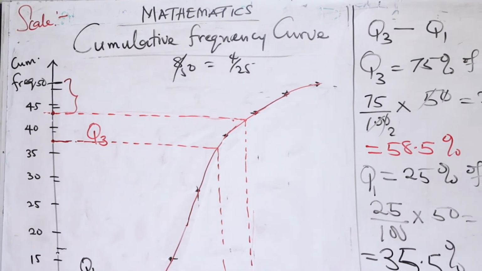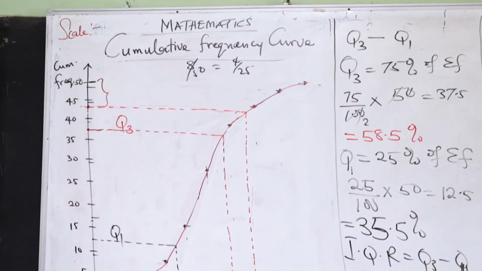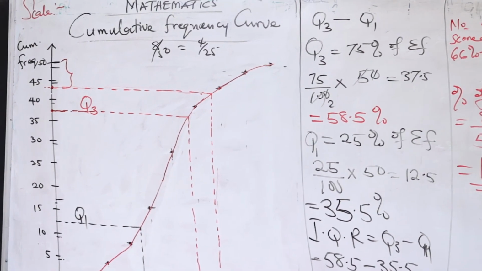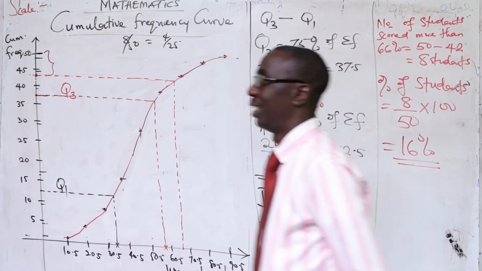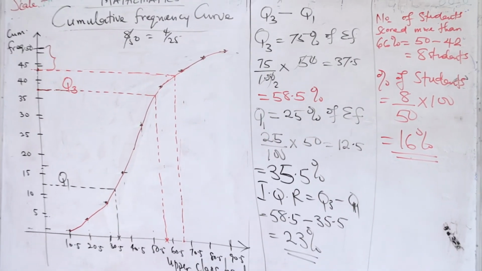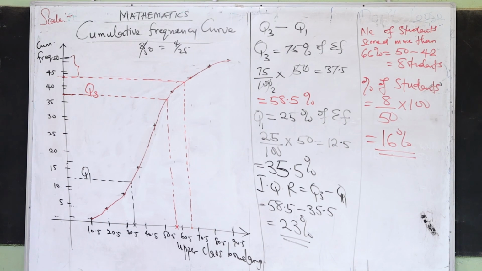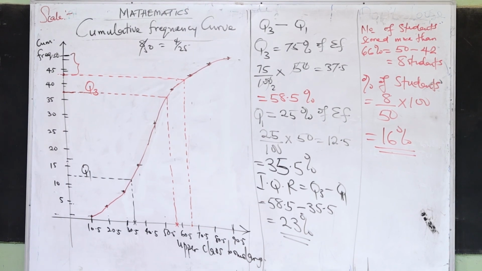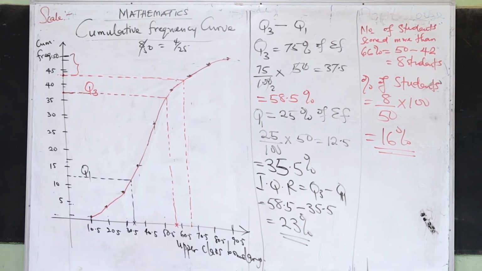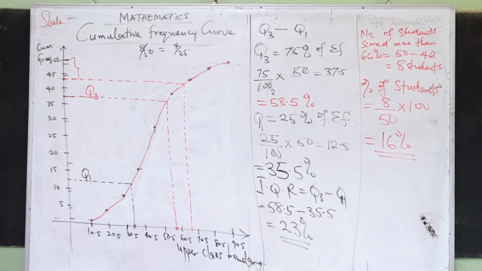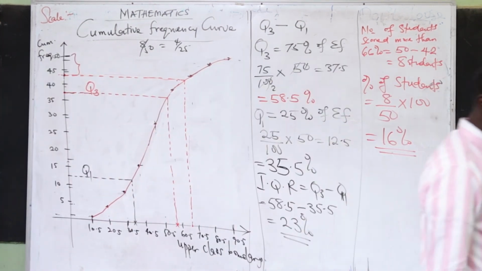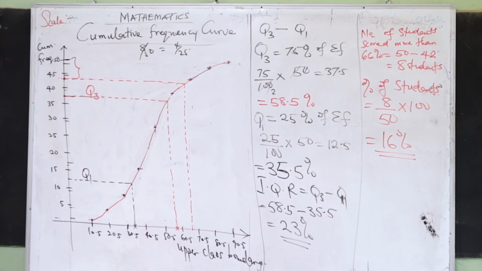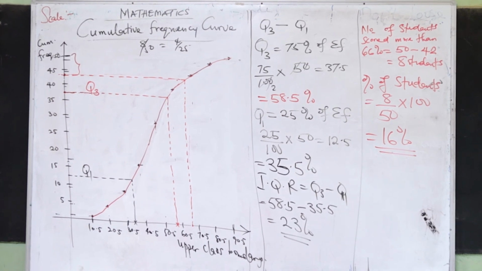If the question changes and said, how many students scored, they did not score, they scored maximum of 66%. Eh? 42, because that did not score above, how many students did not score above the 66?